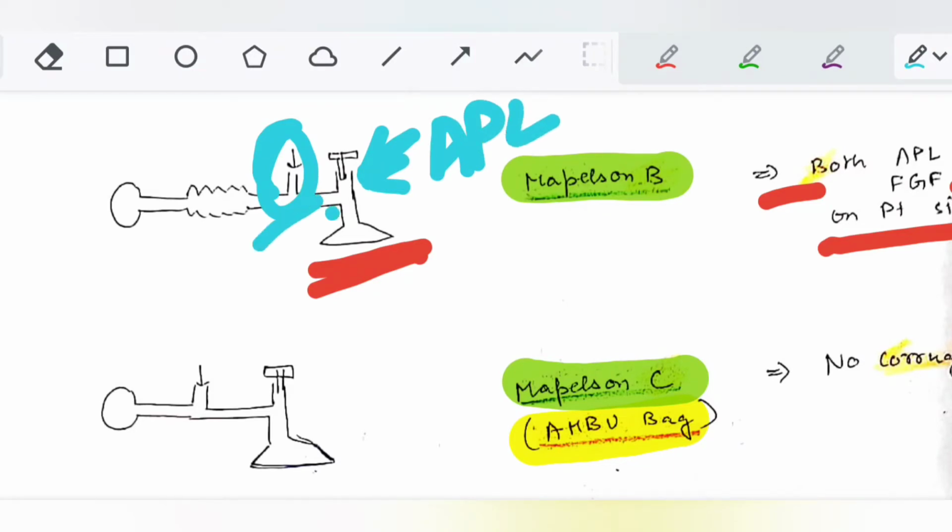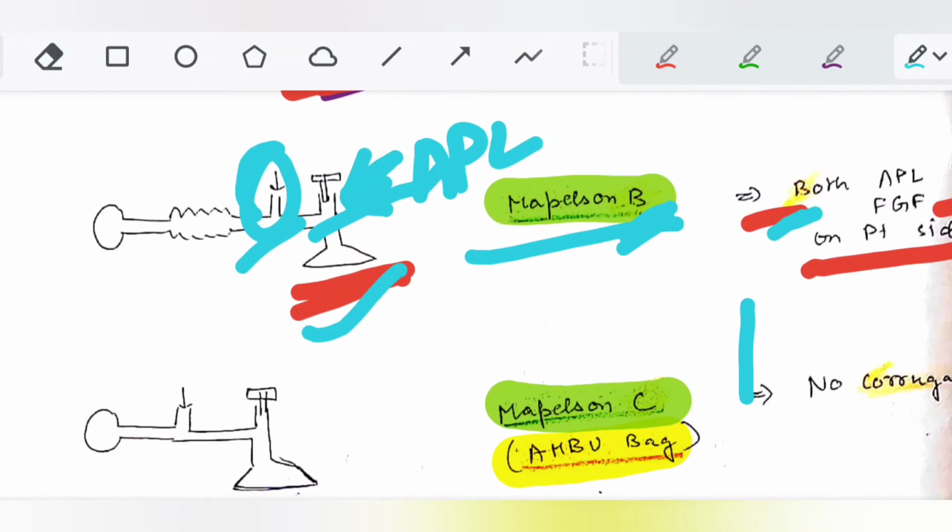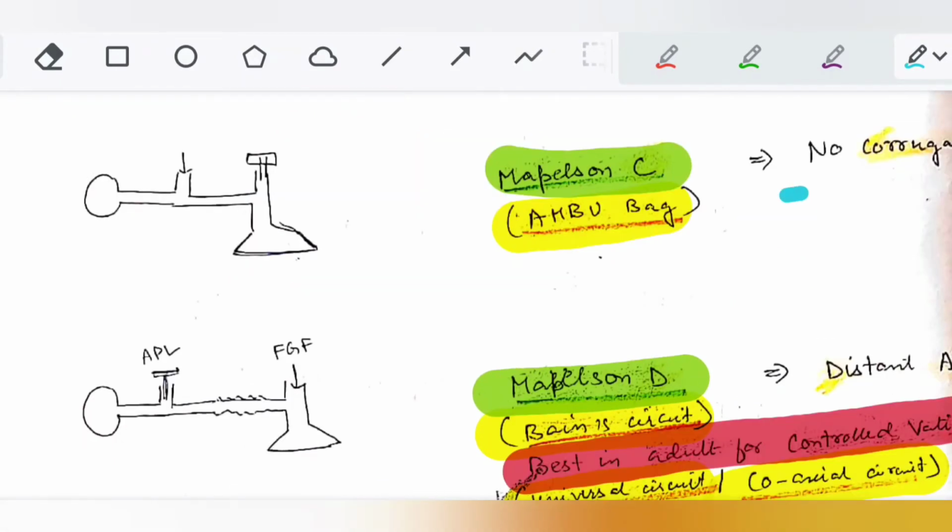Both the fresh gas flow and the APL valve will be on the patient side. So B for both. Now let's see Mapleson C.